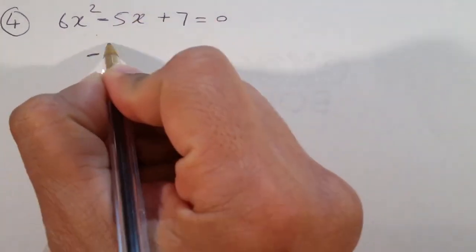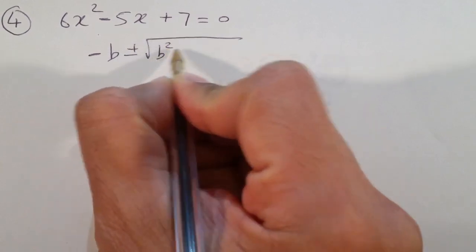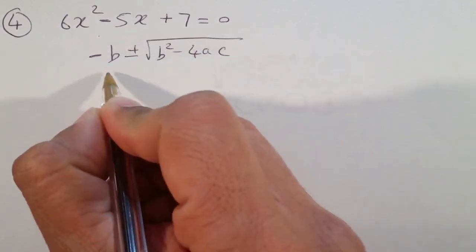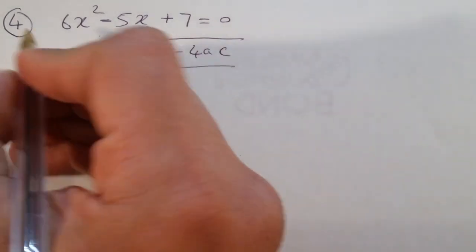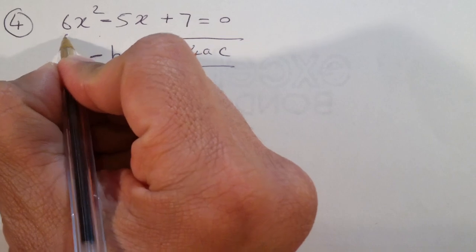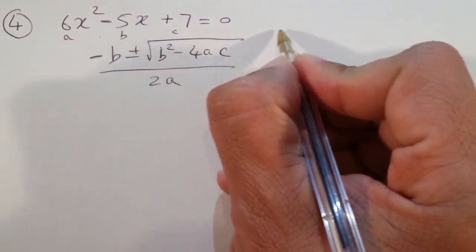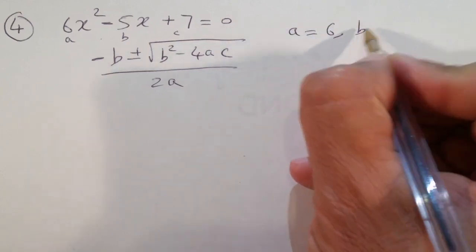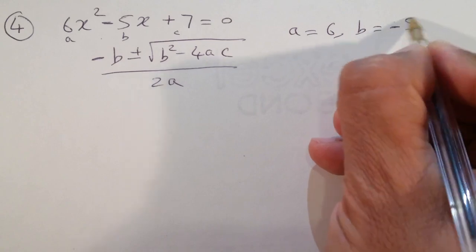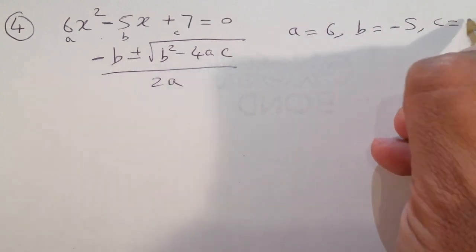Formula is minus b plus minus root b square minus 4ac whole over 2a. So our a is this, b is this, and c is this. So what is our a? Our a is 6, b is minus 5, and c equals 7.